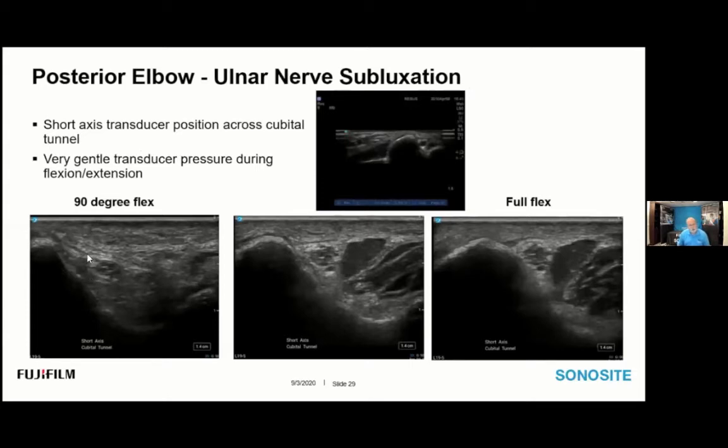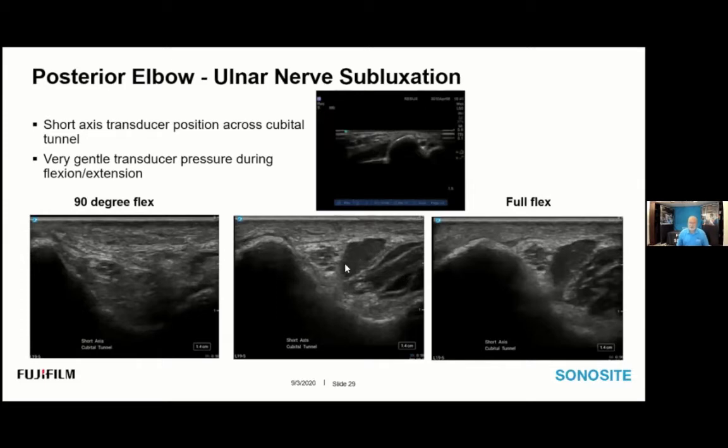With the arm flexed at 90 degrees, we see a pretty relaxed ligament and the underlying ulnar nerve. With advancing degrees of flexion, now we see invasion of the cubital tunnel by the anconeus epitrochlearis muscle, if present, as well as the medial head of the triceps.